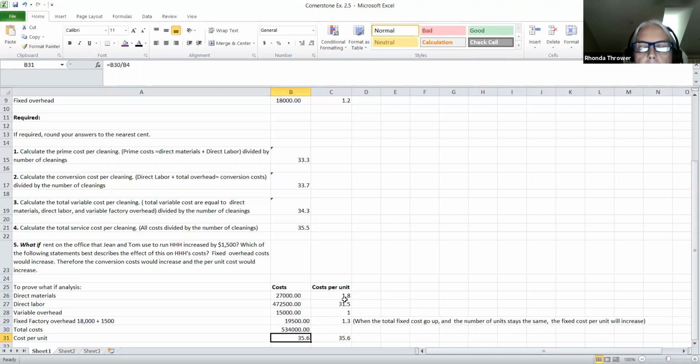And so if you did each one of these costs separately, we would have taken each one of the costs and divided it by 15,000 cleanings. That's how I got each one of these separate.